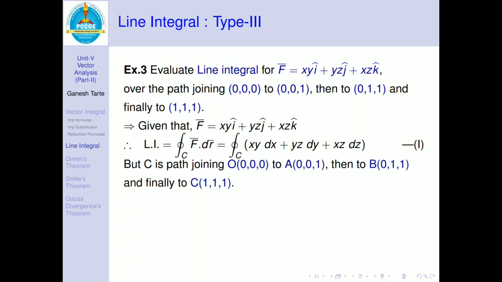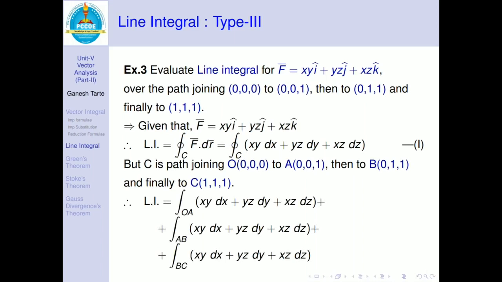Therefore we have 3 line segments, O to A, then A to B, then B to C, and therefore equation 1 can be written as integral over O to A plus integral over A to B plus integral over B to C, that is I1 plus I2 plus I3, first integral plus second integral plus third integral, equation 2.